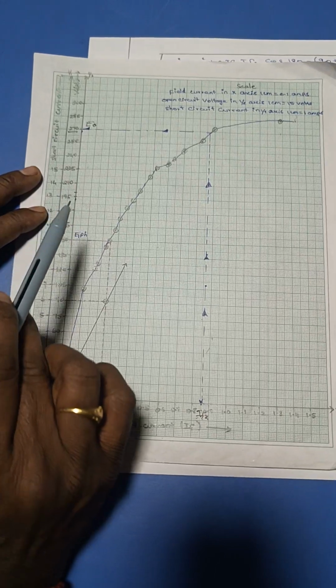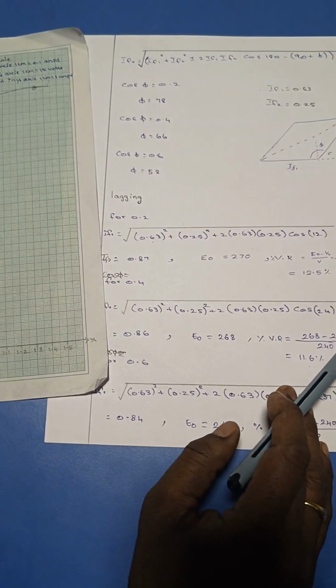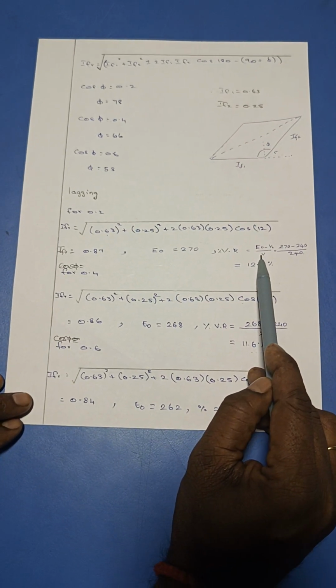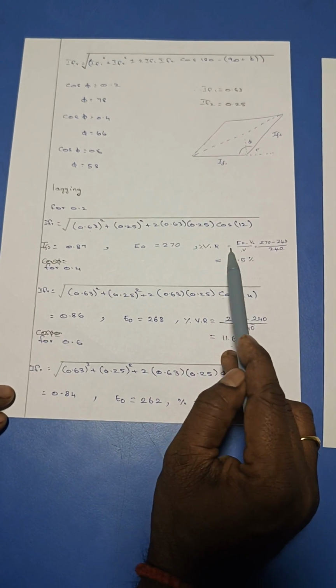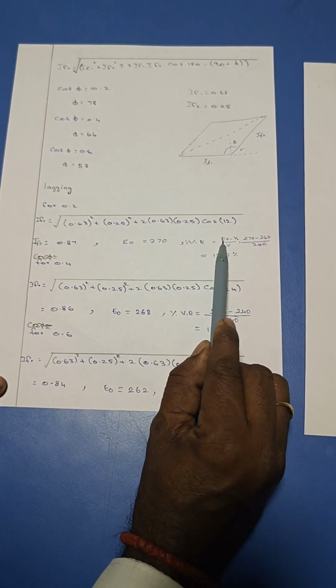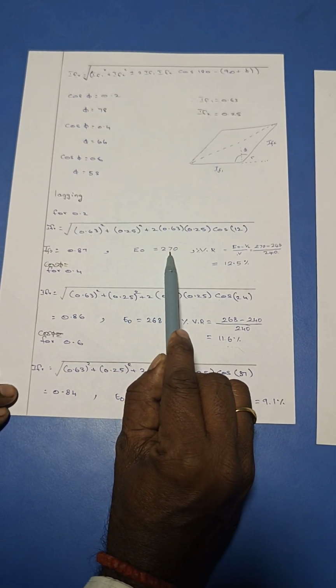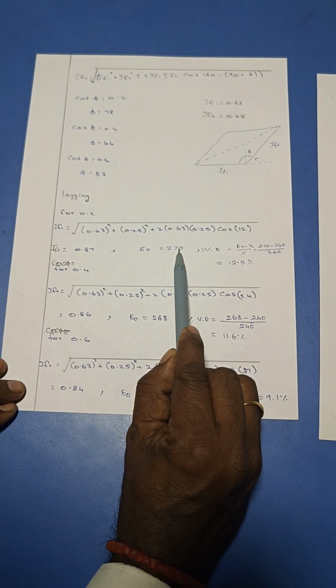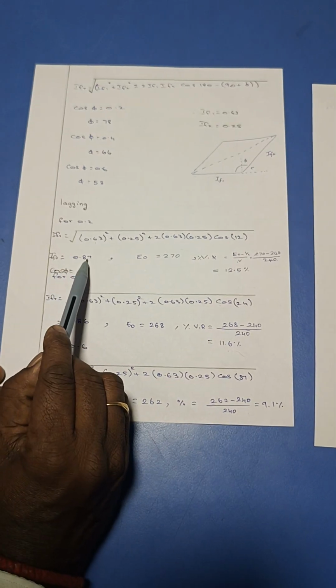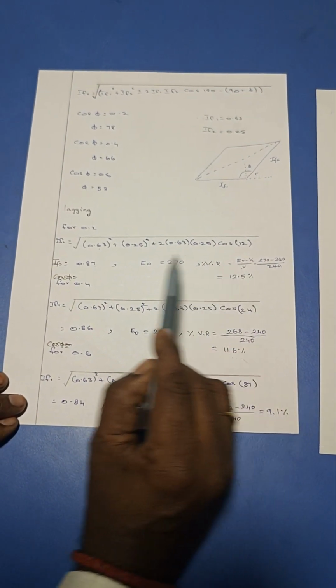As we know the regulation formula, (E0 minus V) by V into 100 is the percentage of voltage regulation. E0 is 270, which we got from the graph corresponding to the field current of 0.87. V anyhow we know, that is the 240 volts.